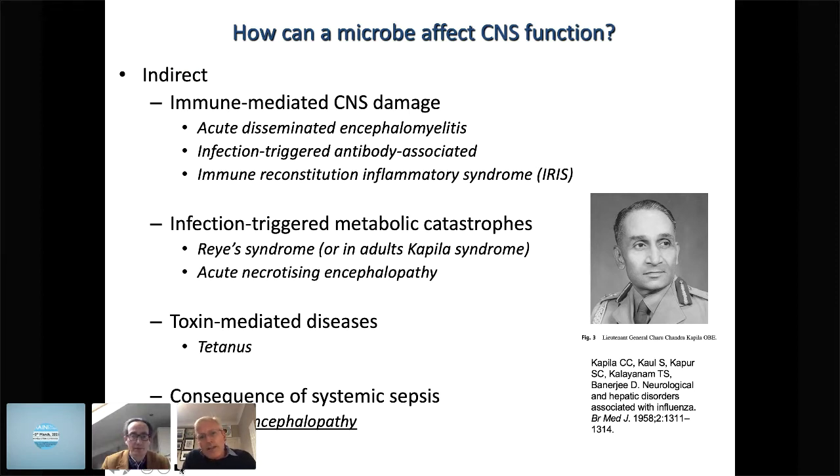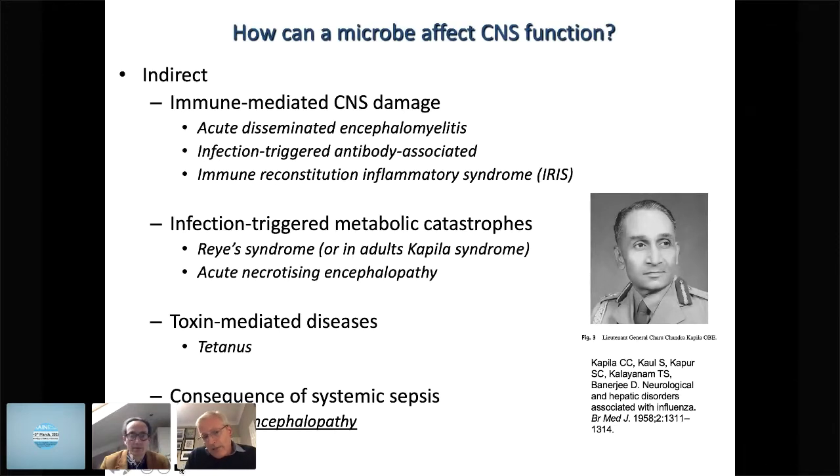Infection rarely can trigger metabolic catastrophes. In adults, first described by Capilla in the context of influenza infection, but perhaps better known in children as Reye's syndrome. We know that influenza can also trigger acute necrotizing encephalopathies.